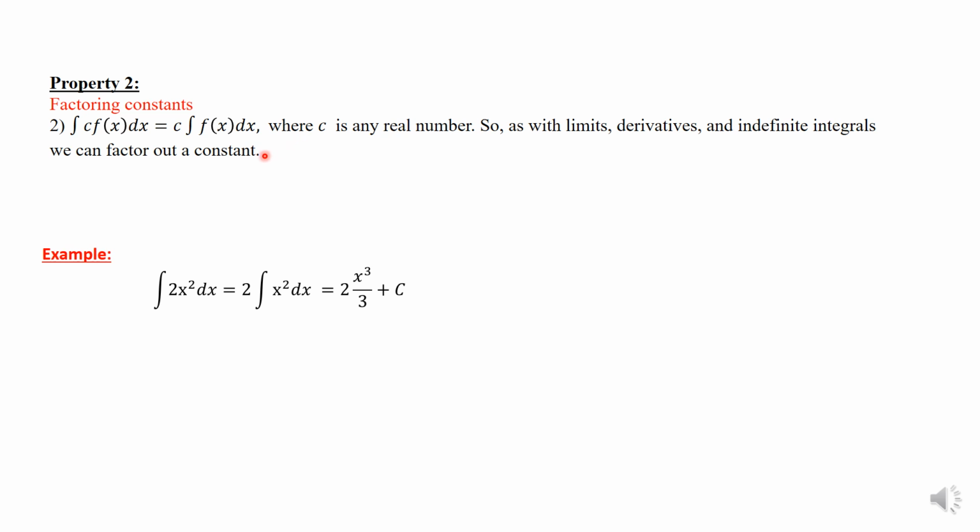So this tells us that constants can be pulled out of the integral. This is the same idea we used in derivatives. Constants do not affect the shape of the curve, they only scale the area. Example, integral 2x squared dx is equal to 2 outside the integral, then integral x squared dx. Now integral x squared dx is x cubed over 3 plus the constant c.